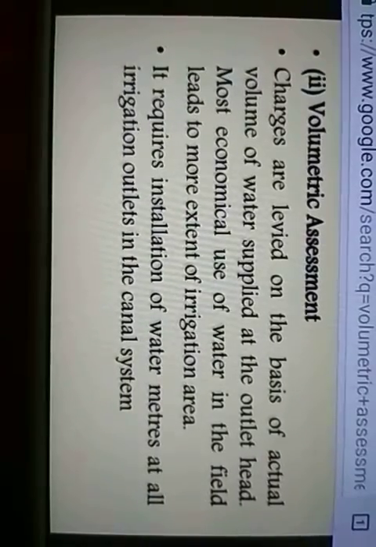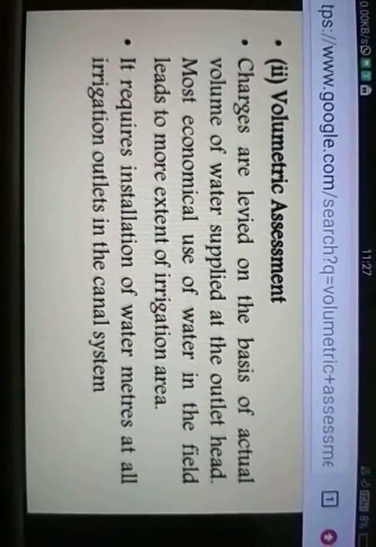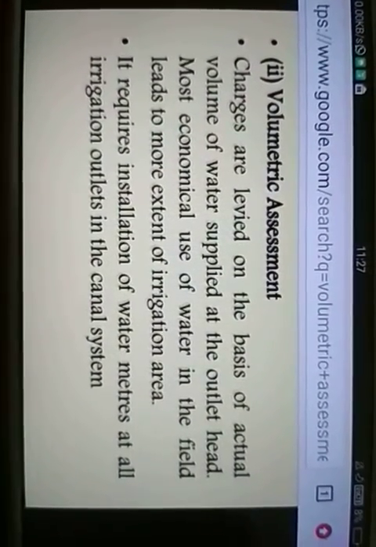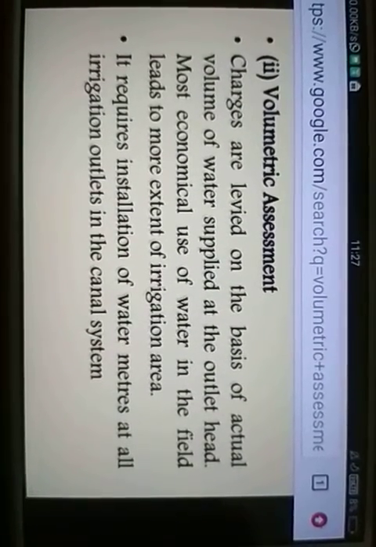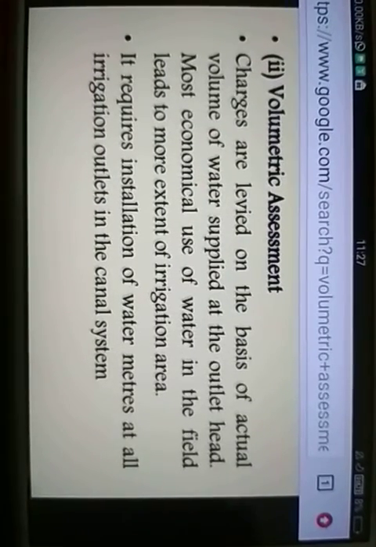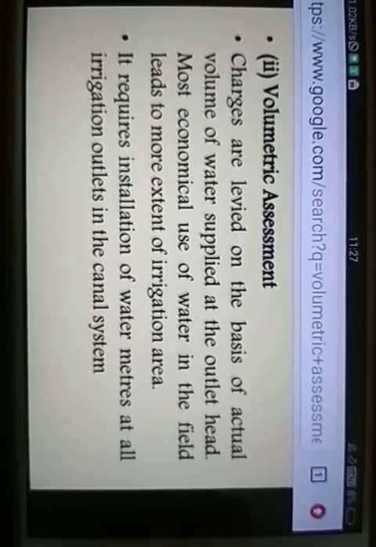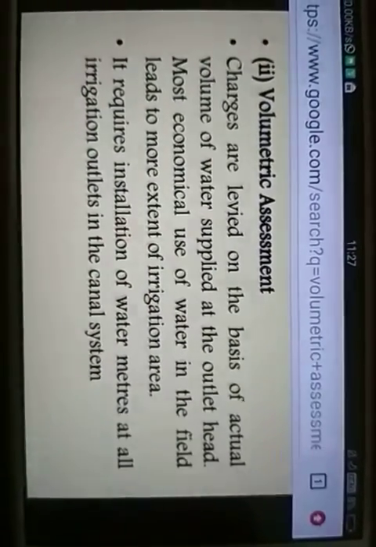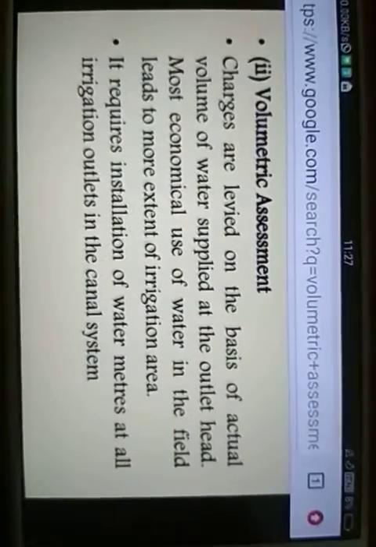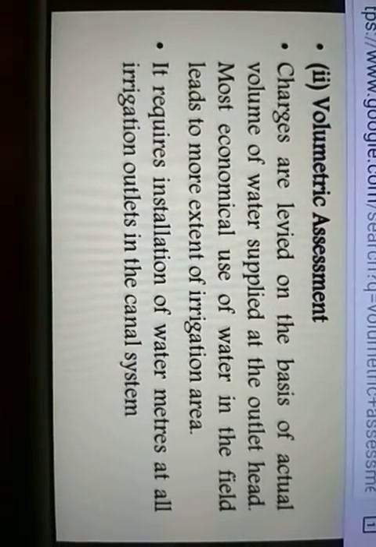Charges are levied on the basis of the actual volume of water supplied at the outlet head. Most economical use of water in the field leads to more extent of irrigation area. So in this statement it is stated that some charges for water are taken from cultivators.